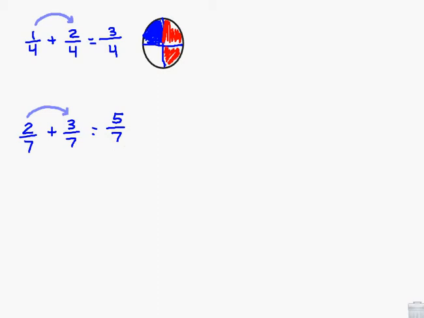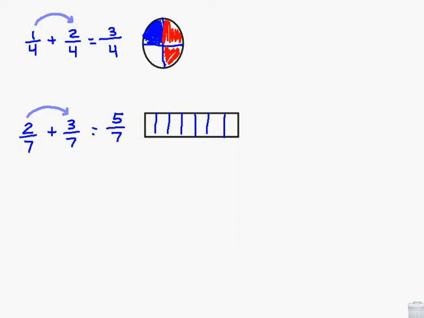Here's why. This time we'll make a rectangle. If I had a rectangle and it was divided into 7 equal pieces, let's see, 1, 2, 3, 4, 5, 6. That's not quite even. Let's make this a little bit shorter. All right, do we have 7 pieces now? 1, 2, 3, 4, 5, 6, 7.